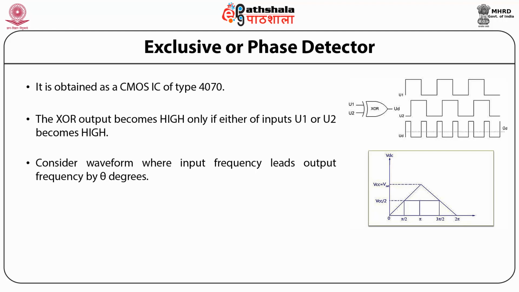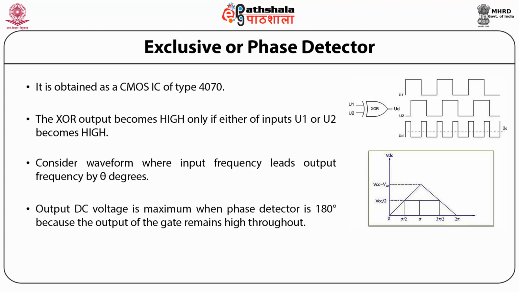Consider a waveform where the input frequency leads the output frequency by theta degrees, that is, U1 and U2 have a phase difference of theta degrees. The DC output voltage UD of the comparator will be a function of the phase difference between its two inputs.